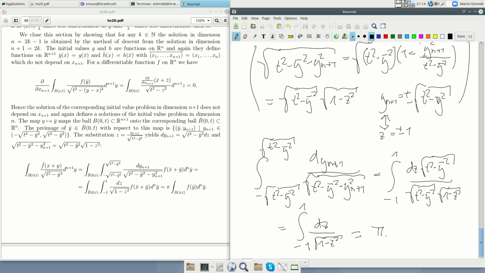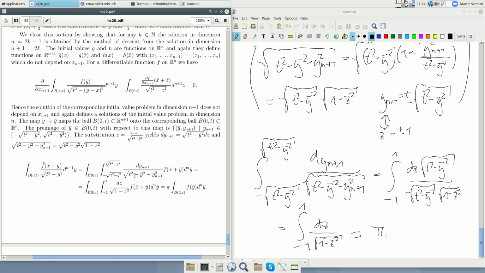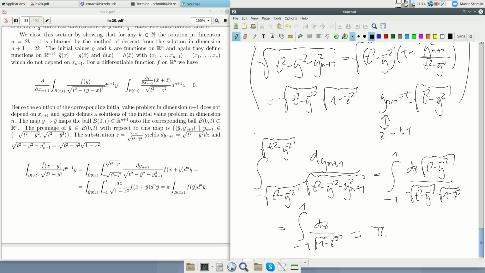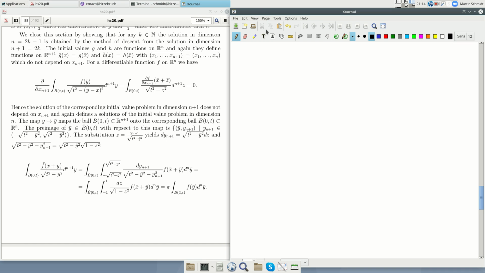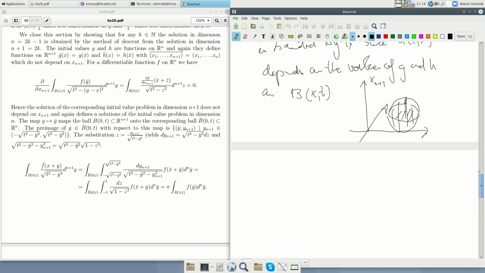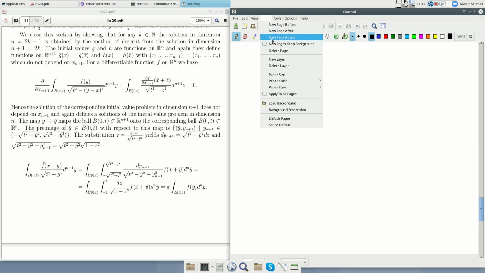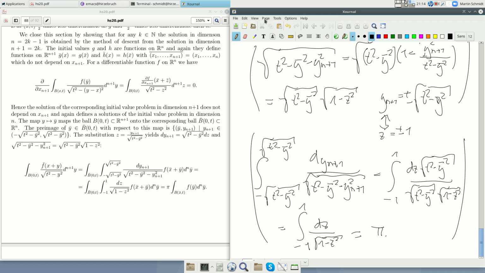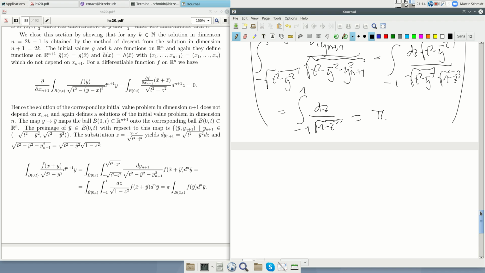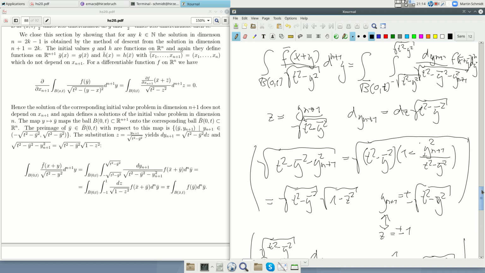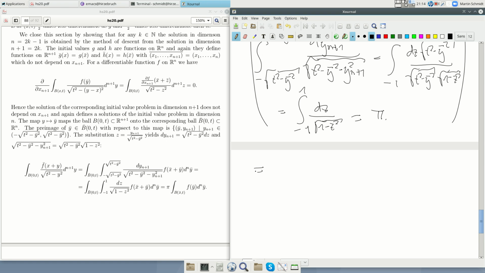Yeah, we just get pi, and for this reason, now we can calculate this, and we all together get that our integral here is just pi times the integral over the ball B_t of f of y bar dy. Okay, now we insert this in our formula.